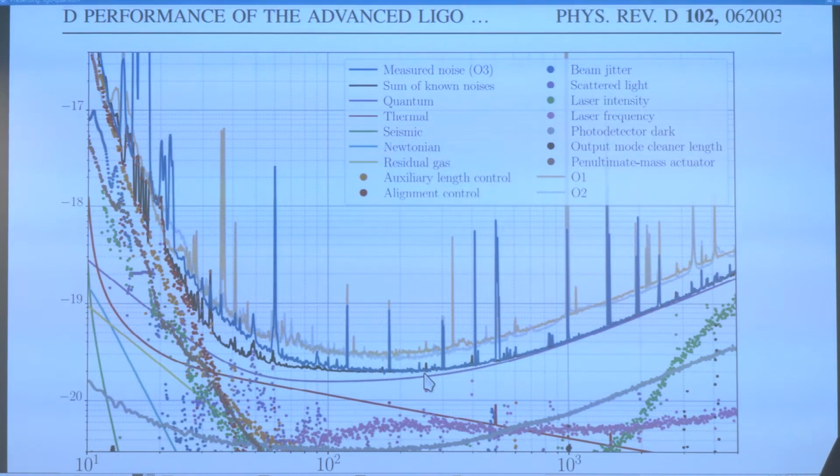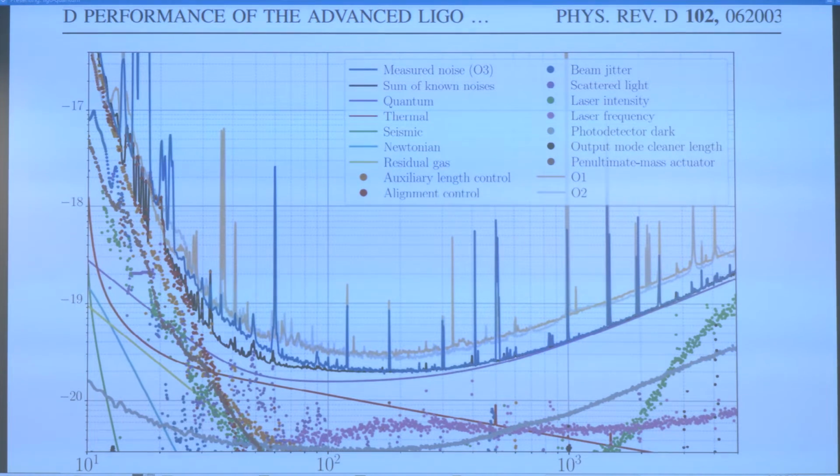So the x-axis is frequency from about 10 hertz up to about 1 kilohertz. And the vertical axis is, if you will, the noise intensity, but they've translated it into sensitivity of the interferometer to motions of the mirror.